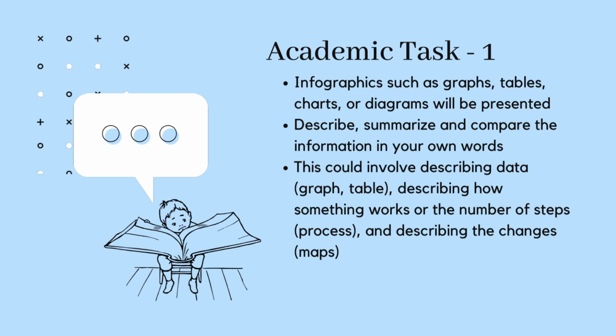This task could involve describing data that can be seen in graph, table. Then describing how something works or the number of steps that are seen in a process. And describing the changes, that is differences in maps. While you write, make sure that you write 150 or more words. This is all about the task 1 academic IELTS.